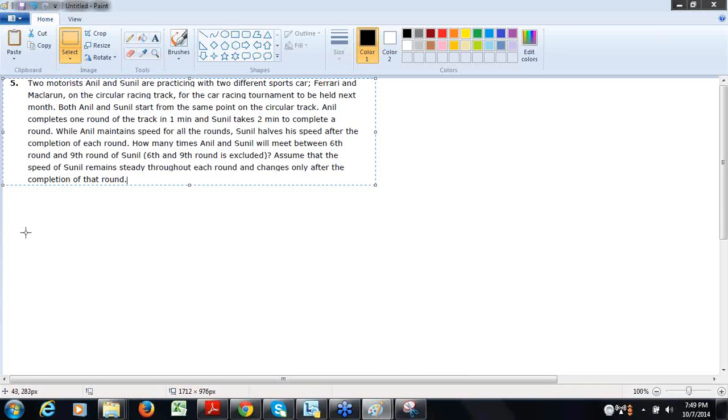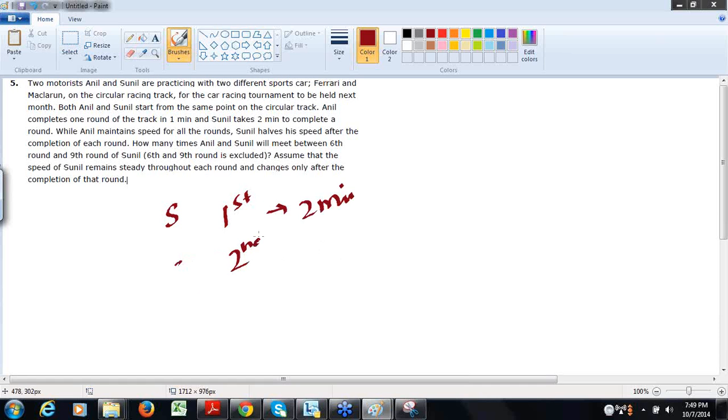So just calculate the speed of these two sports drivers. Sunil in the first round takes 2 minutes. Second round, 4 minutes.